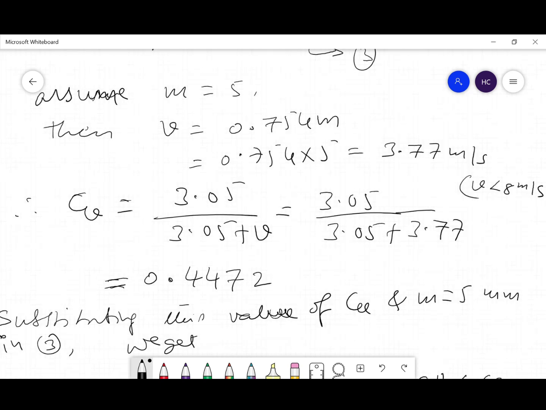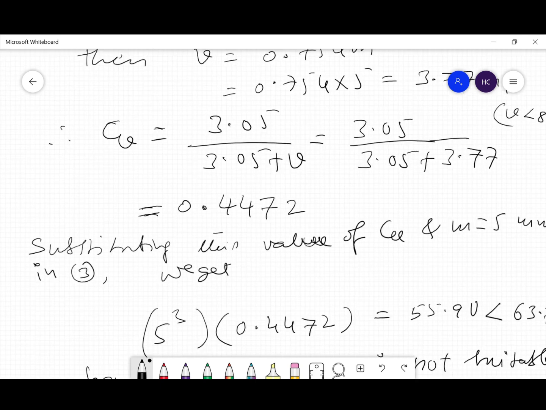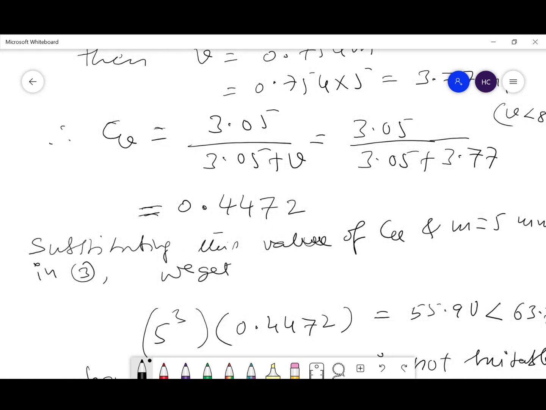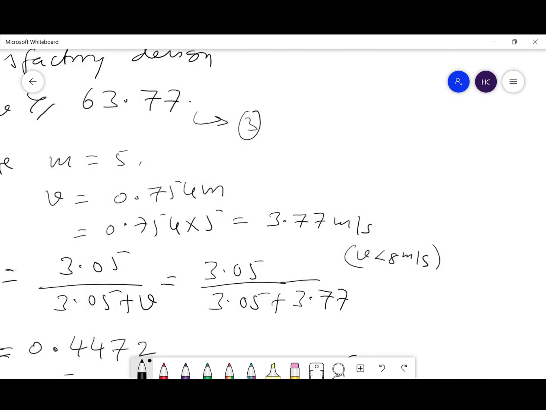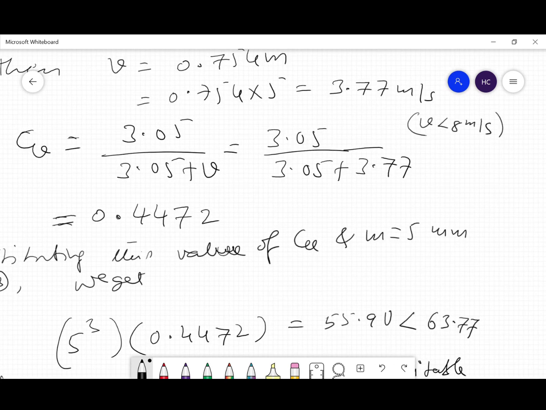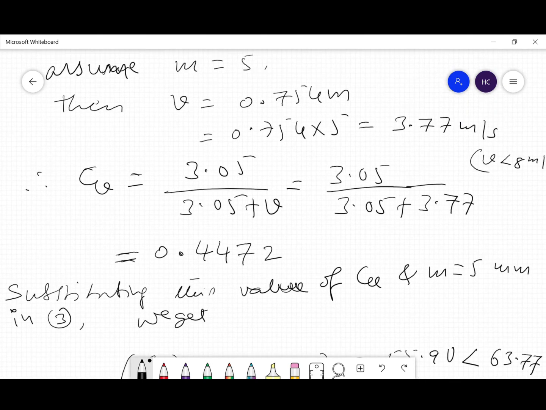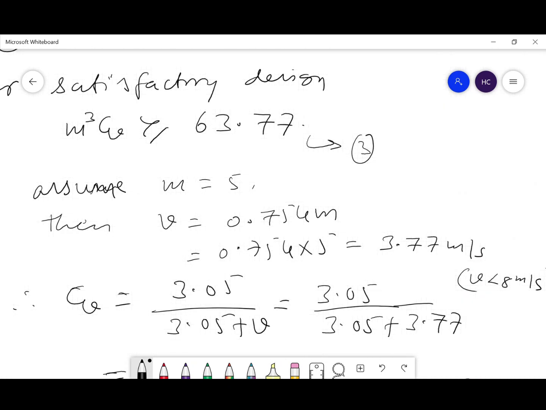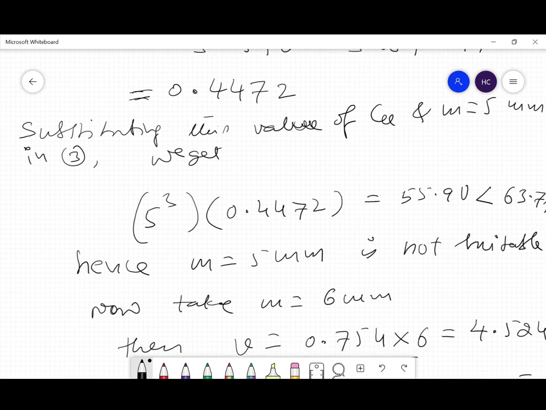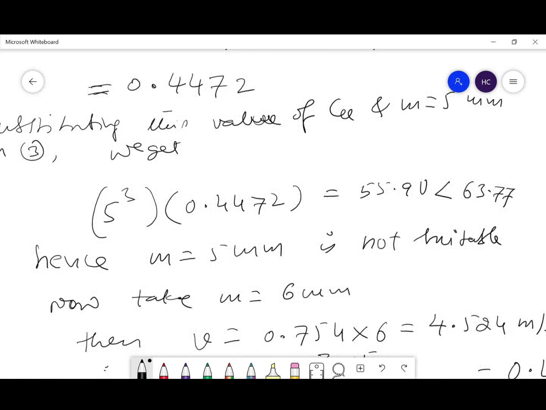So now we get velocity factor as 0.4472. Substituting this value of Cv and module m equal to 5 mm in equation 3, equation 3 is this, we get 55.90, which is less than 63.77. Hence m is equal to 5 mm is not suitable.